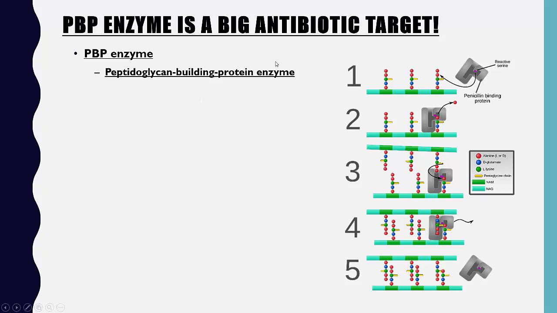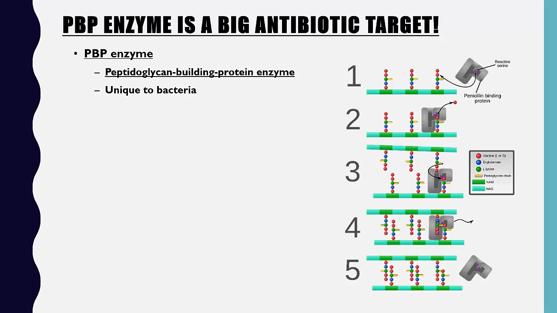So pretend for a moment this enzyme has a really cool name, and PBP stands for peptidoglycan building protein enzyme. Okay, PBP, because that's kind of what it does, right? We're going to pretend that's what the PBP stands for because it's easier to remember that way. It is unique to bacteria.